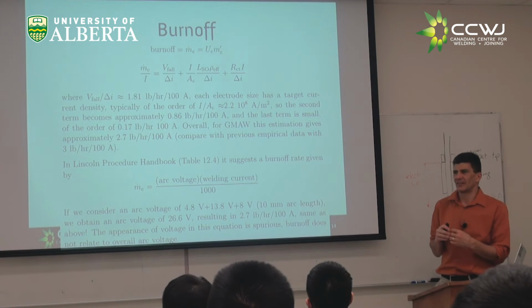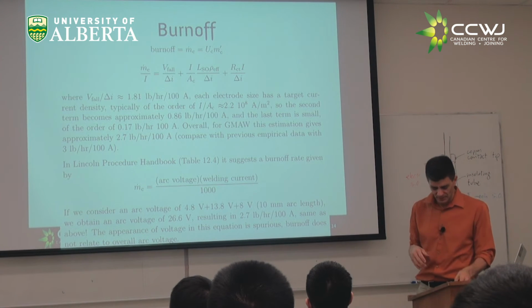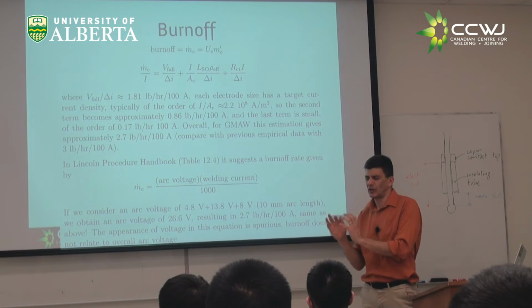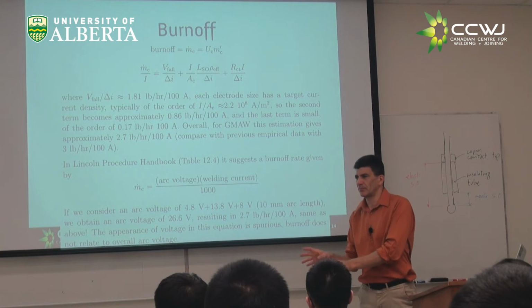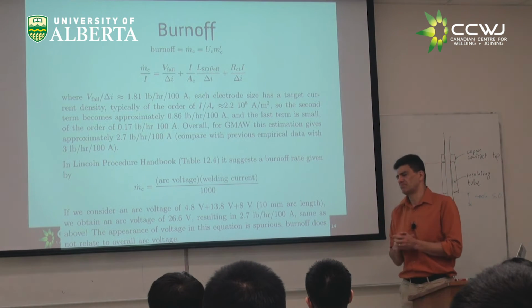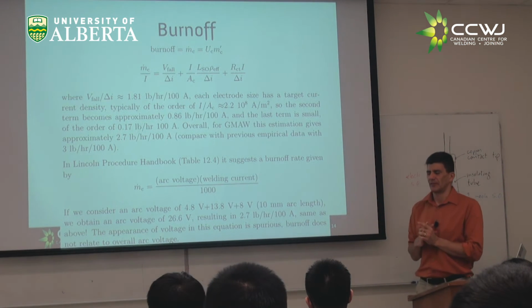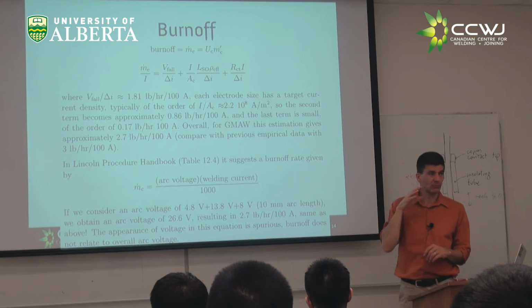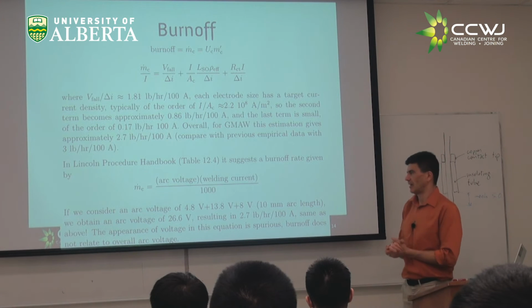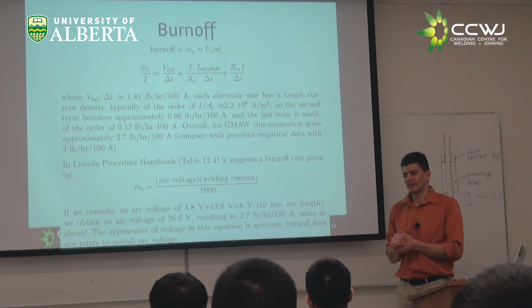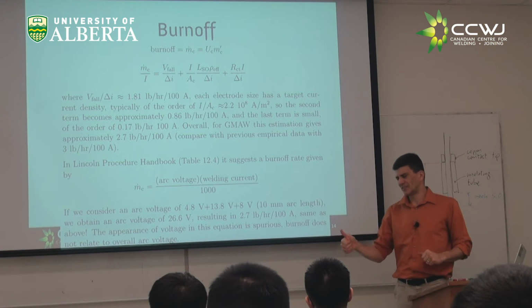So it's incredible how we started talking about the non-local thermodynamic equilibrium of the plasma, and we say 2.7 pounds an hour every 100 amps. And then you have the Lincoln Procedure Handbook, which all of you should have. And it has a section on economics, not on physics, on economics, and says, well, this is a good approximation.